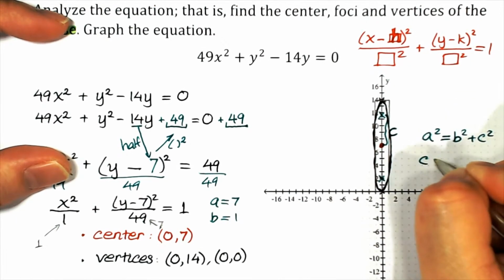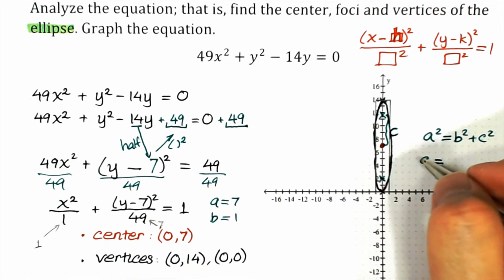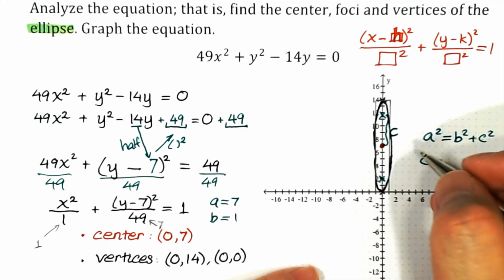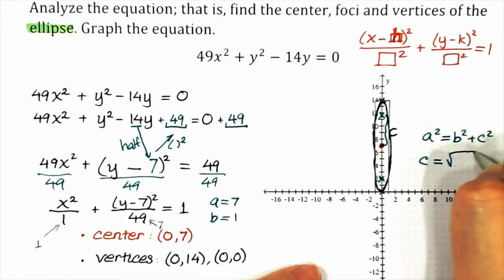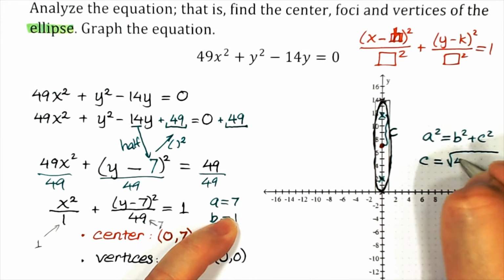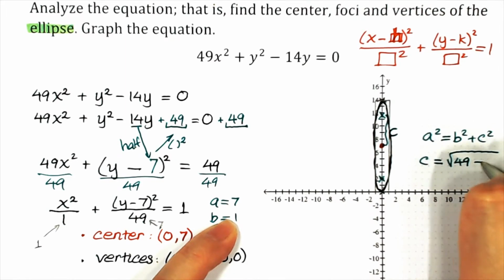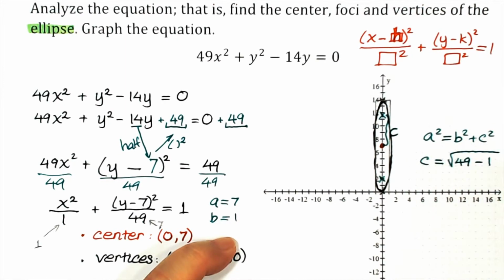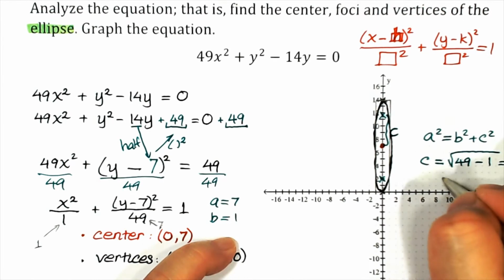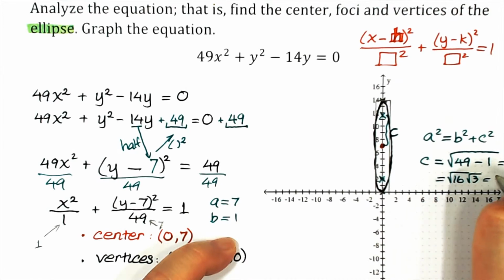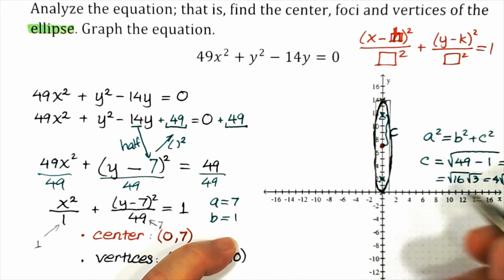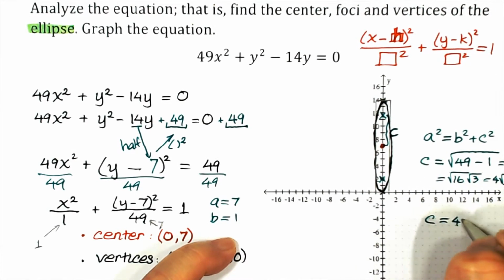So we can find c is equal to the square root of a squared, 49, minus b squared, 1, which is the square root of 48, or 4 square root of 3. So that's what c is, 4 square root of 3.